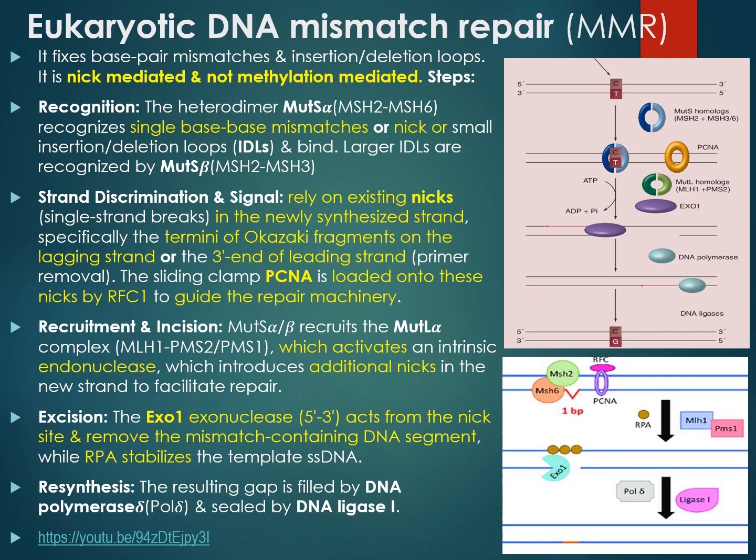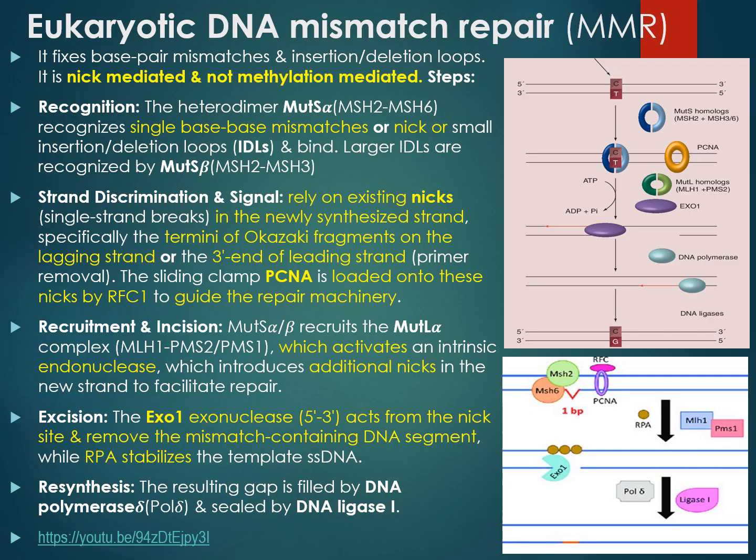This nick will direct the cleavage. The excision happens by another enzyme called exonuclease, which acts from 5' to 3', from the nick site, and removes the mismatch-containing DNA segment.